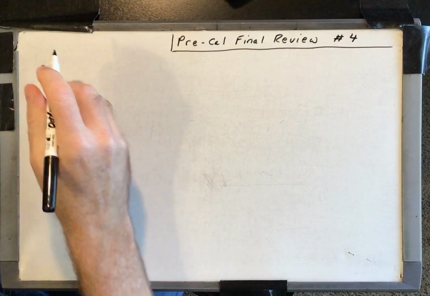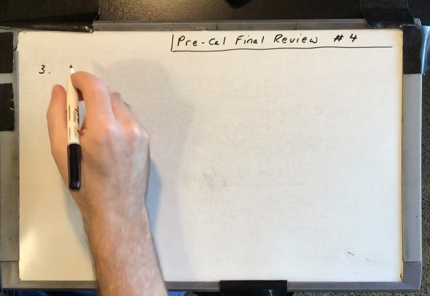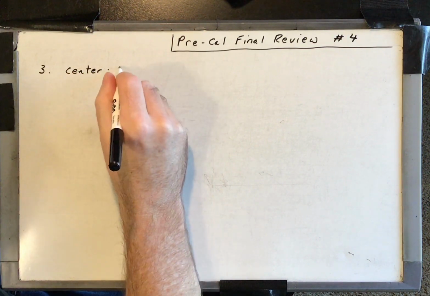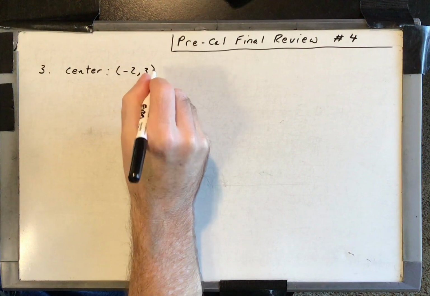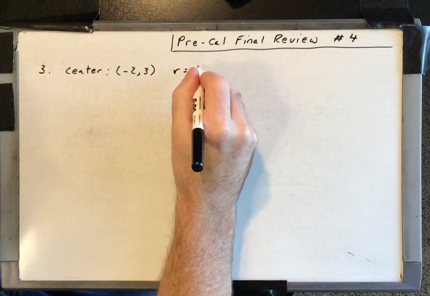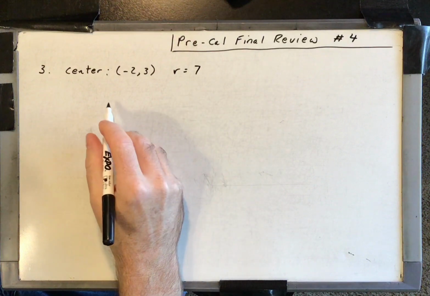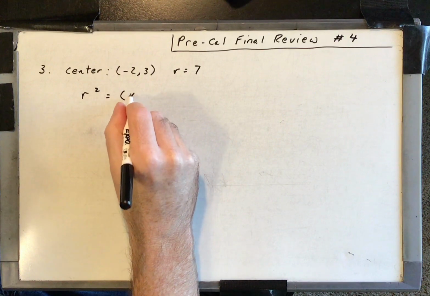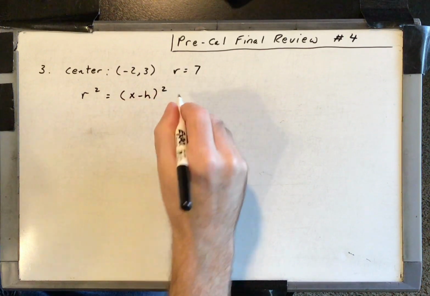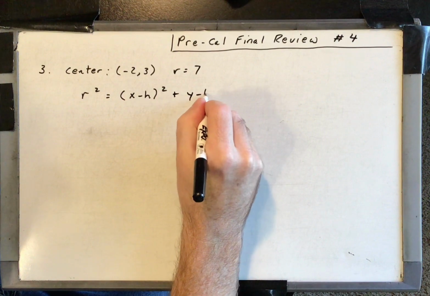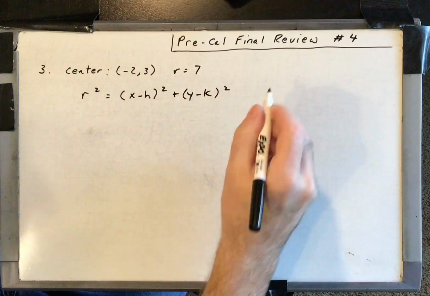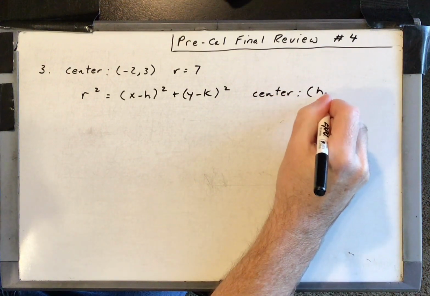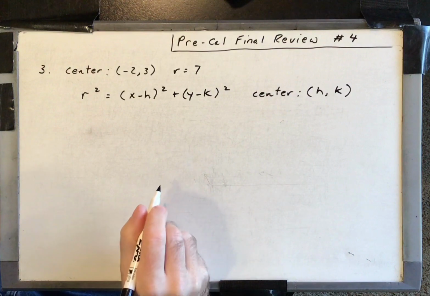Number 3. We want the equation of the circle, and we have center (-2, 3) and the radius is equal to 7. The standard equation for a circle is r squared is equal to (x minus h) all squared plus (y minus k) all squared, where you have the center at the point (h, k).